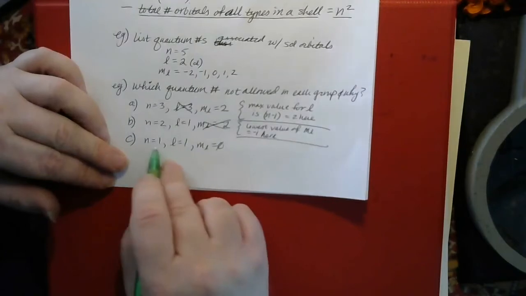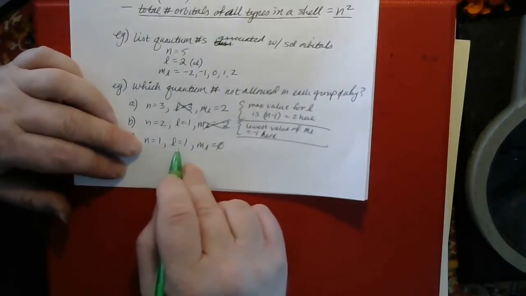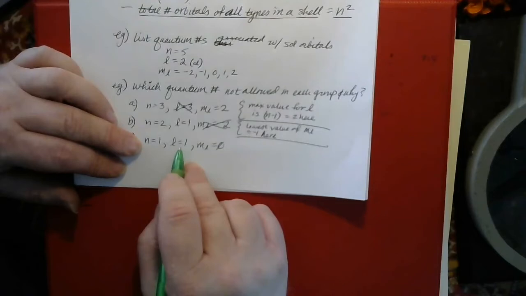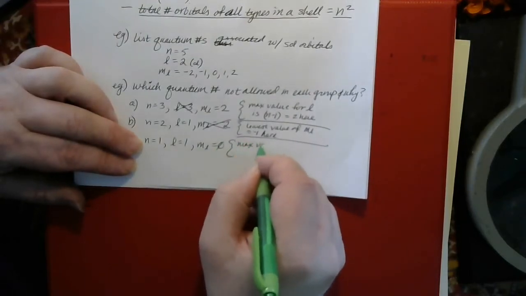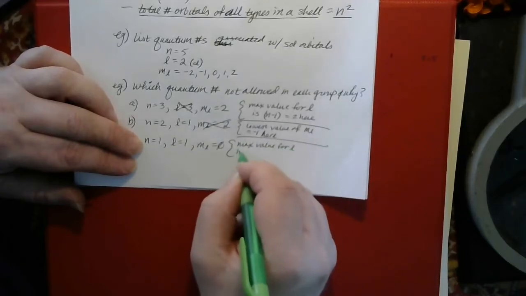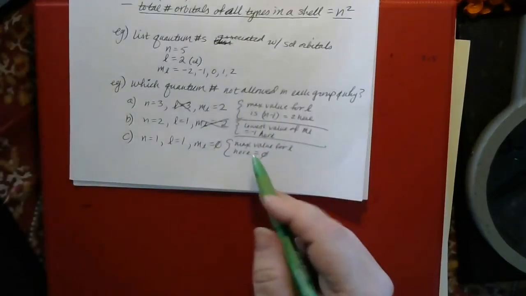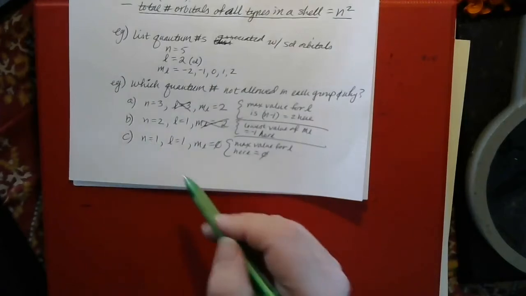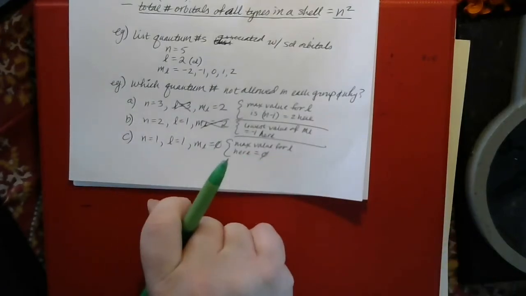And in this case, L is n. So if n equals 1, the only possible value for L would be 0. So the maximum value for L, if n equals 1, would be 0. In fact, that's the only value for L.